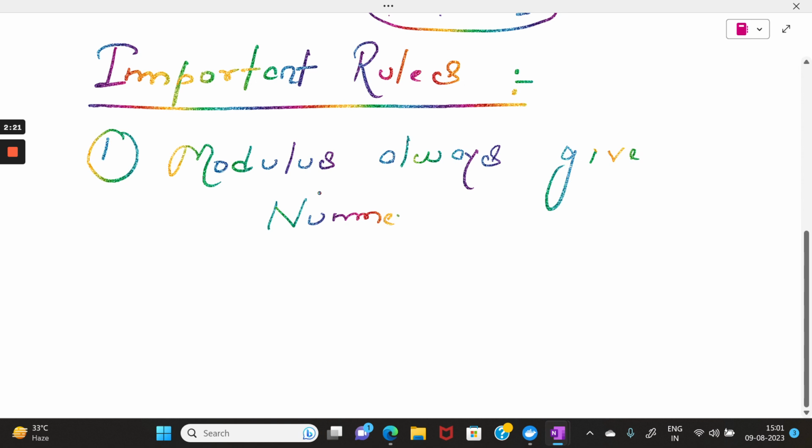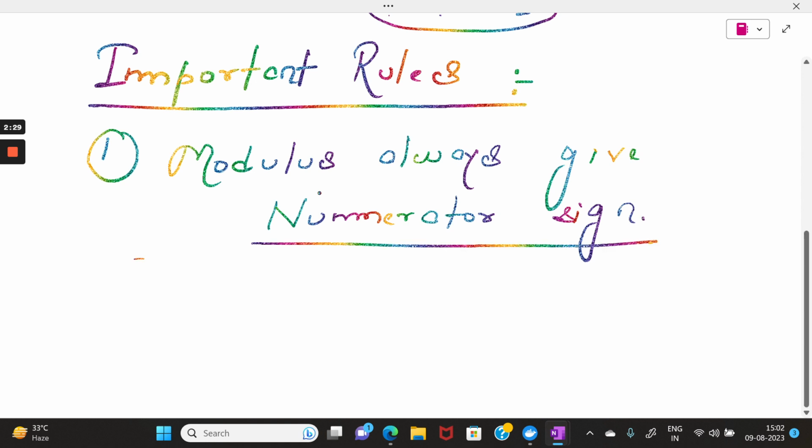These three rules are very important to keep in mind when we are doing this modulus operation. Numerator sign. For example, 5 modulus 2. What is the sign of 5? 5 is a positive number. Then definitely the result, that is 1, is positive only.